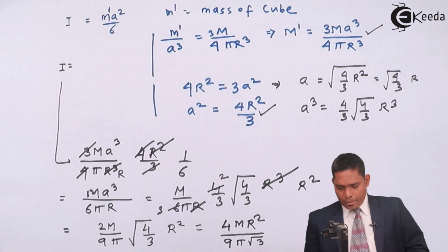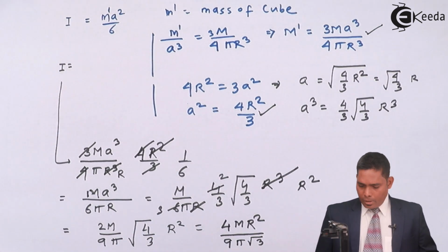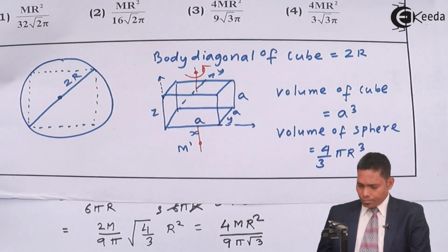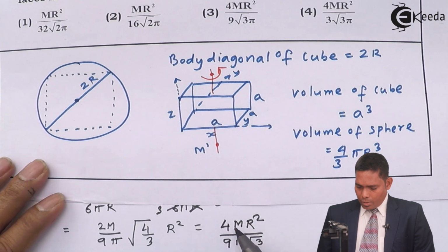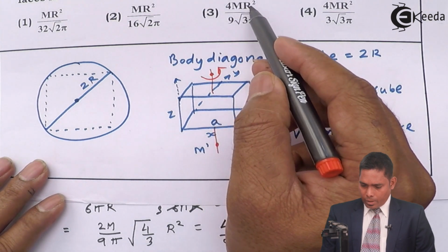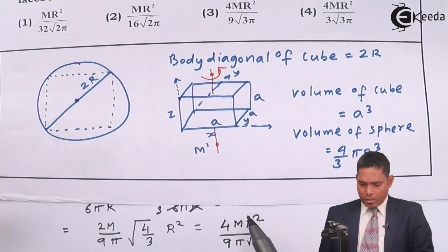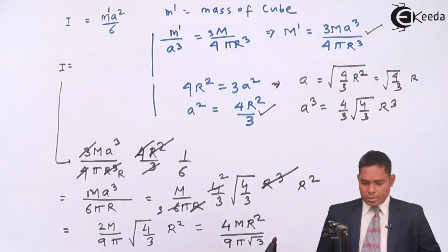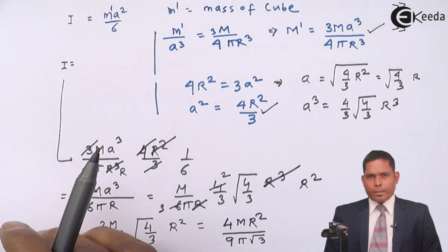So 9 root 3 pi, that means 9 root 3 into pi. If I see the options, you can see 4m r square, 9 pi root 3. So therefore, option number 3 is the correct answer to this question. Okay, thank you.